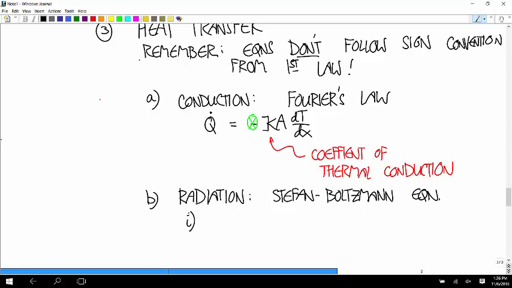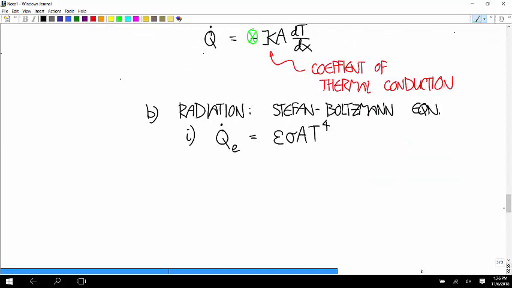The first one is that Q dot that's emitted by a body is equal to epsilon times sigma times A times the temperature of the body to the fourth power, where this epsilon is called the emissivity.